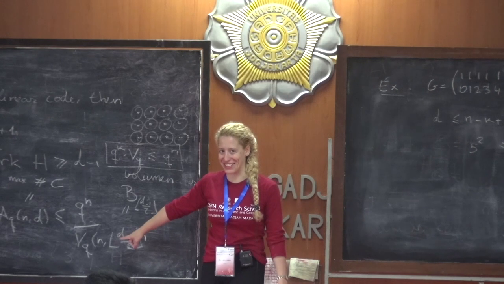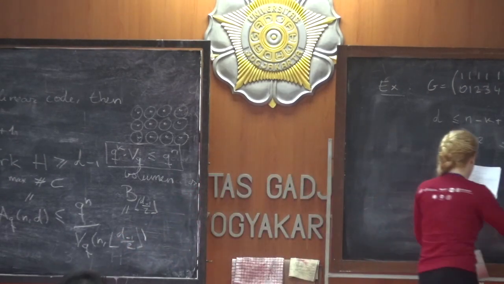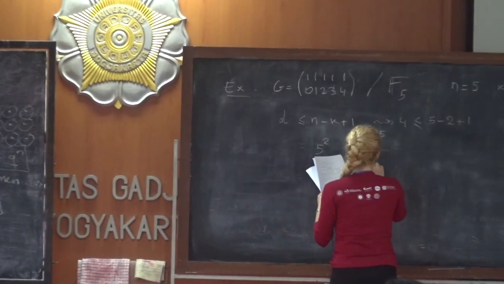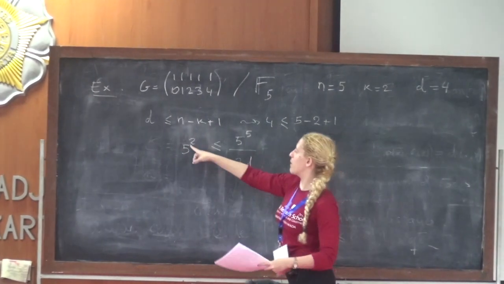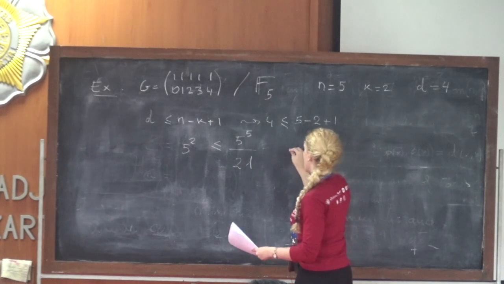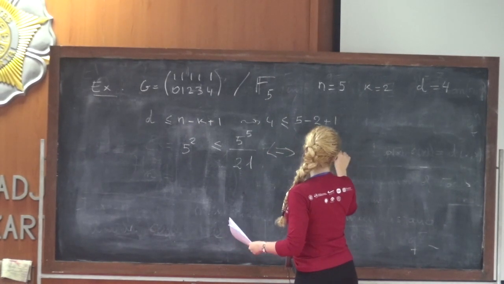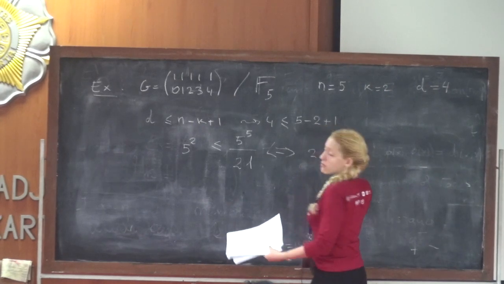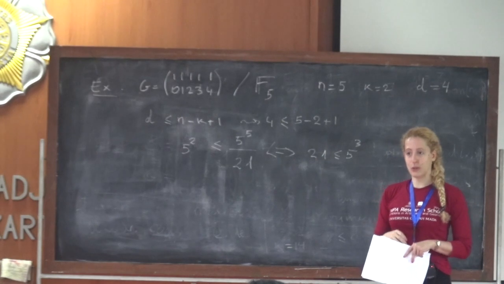We'll see it in the exercise section, okay? But if you use that formula, you get that this value is equal to 21, okay? So if you want to check that this is true, I can multiply by 21 here, divide by 5 to the 2 on both sides, and basically this is equivalent to saying that 21 is smaller or equal than 5 to the 3, which is clearly true. So both bounds hold for our code, okay?